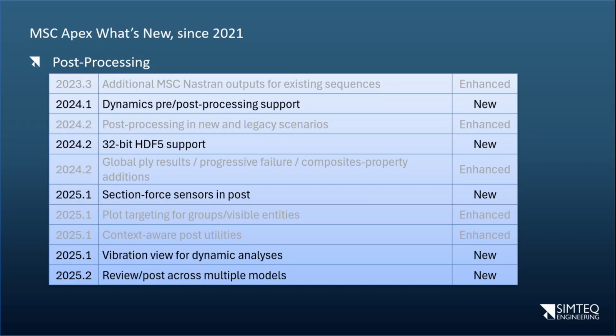These can now be created directly in the post-processor. Then plot targeting for groups or visible entities. That's quite useful and highly requested for a long time now. Then the context-aware post utilities, and then the addition of vibration view for dynamic analyses and the review of post across multiple models. That's also new in 25.2.